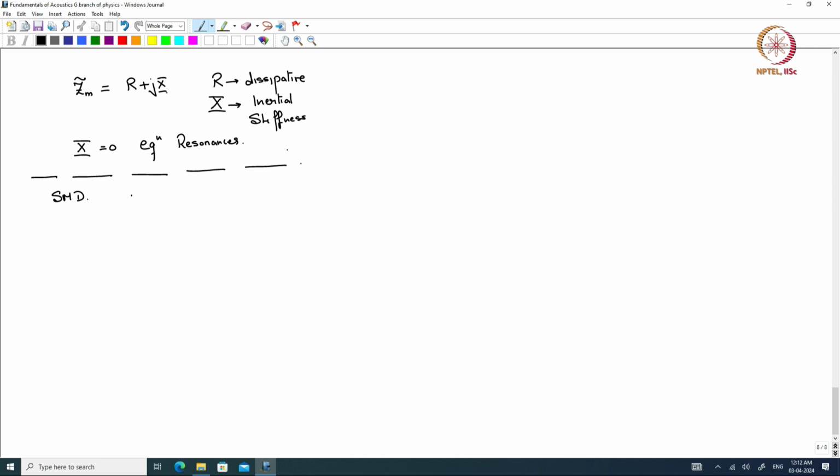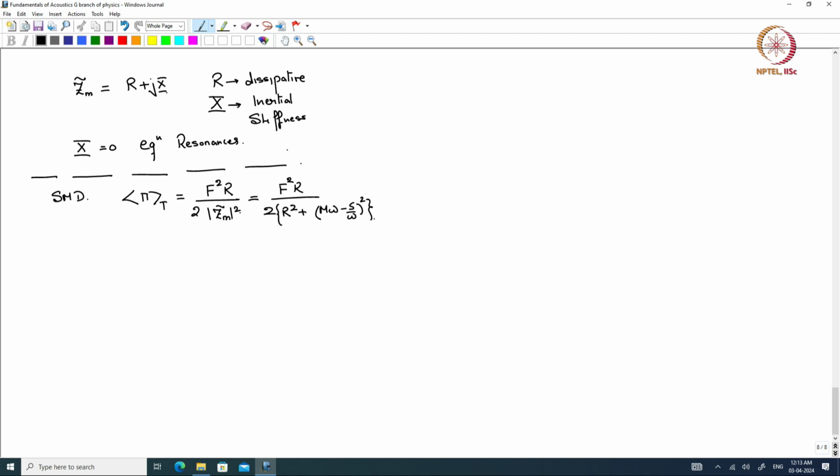We know now that the time averaged power for this system is F squared R by twice magnitude Zm squared, which can be opened out as F squared R by twice (R squared plus (m omega minus s over omega) squared).